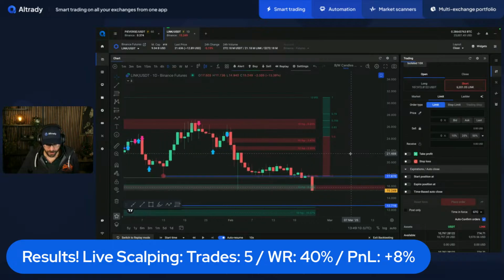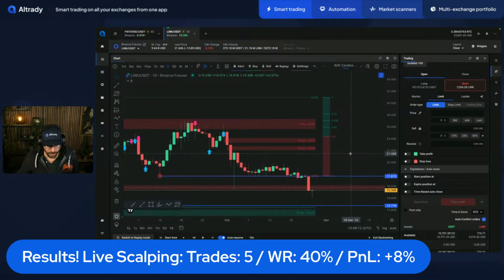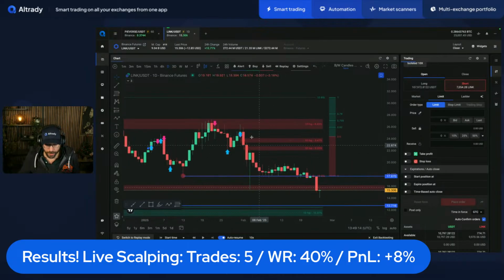I'm over it. I'm over this move. I wanted a move. Usually, after moves like this, like what happened in October, you either walk away from the chart and don't trade for a couple of weeks, or you set your alert at this fair value gap and hope that it will just touch it and then continue going down.